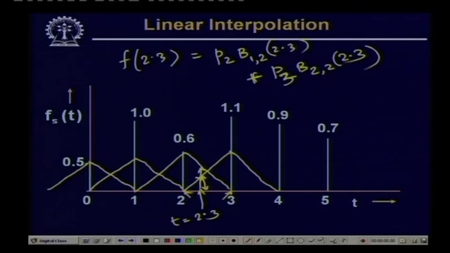So, here you find that the value that we will get will be nothing but P2 into the value of this function in this particular case, which is 0.7, plus it will be P3 into 0.3. So, if I simply replace the value of P2 which is equal to 0.6 and P3 which is equal to 1.1, I can find out what is the value of Ft at t equal to 2.3.